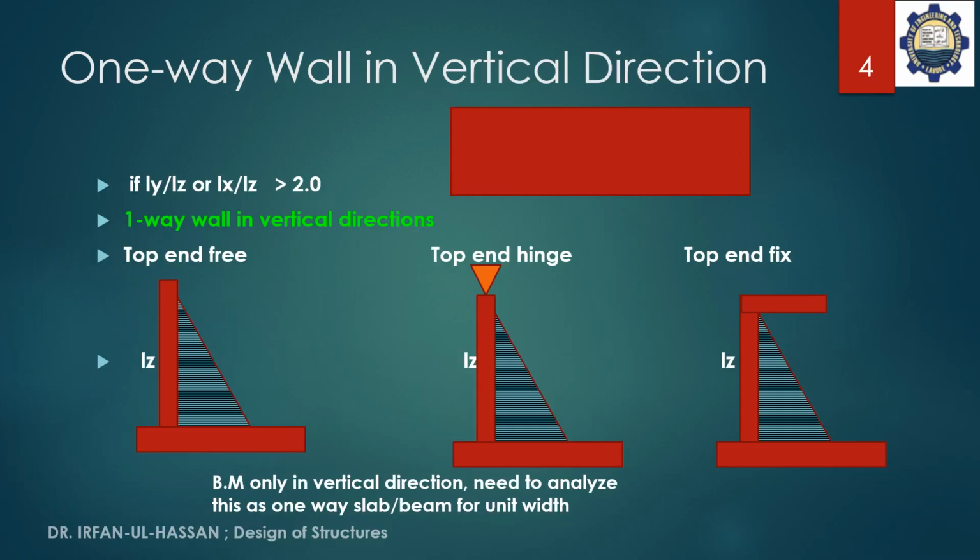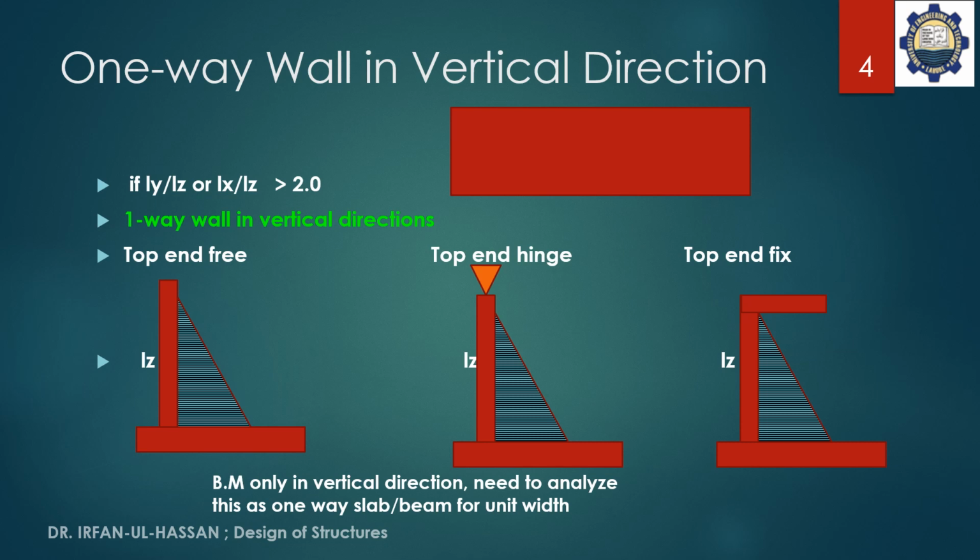Starting with the one-way wall in the vertical direction. We have all the given dimensions Lx, Ly and Lz. Now if Lx over Lz or Ly over Lz is larger than 2, then we are taking it as a one-way wall in vertical direction. And it means that the bending action is dominant in vertical direction only.